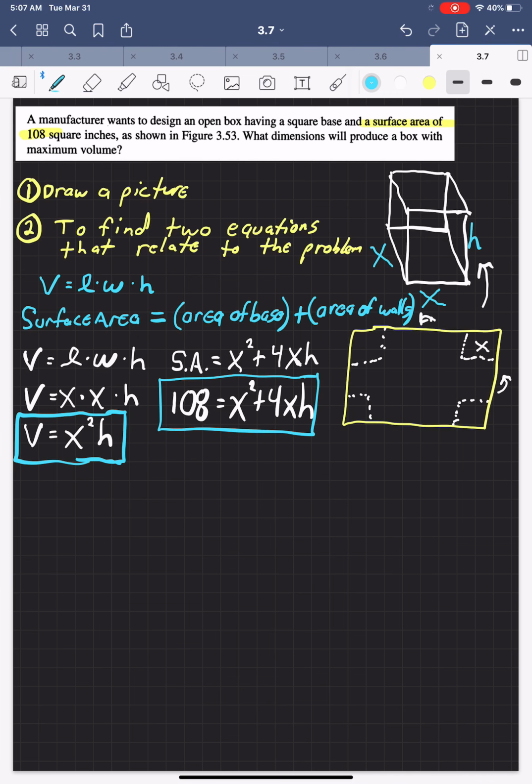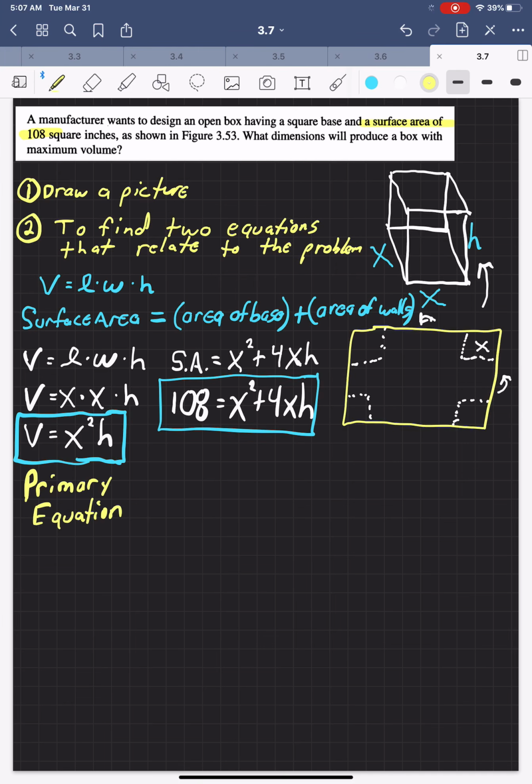So what I'm going to do is give these equations some names. Not that I'm renaming volume or surface area, but more germane to the topic at hand, this volume formula is what we call the primary equation.